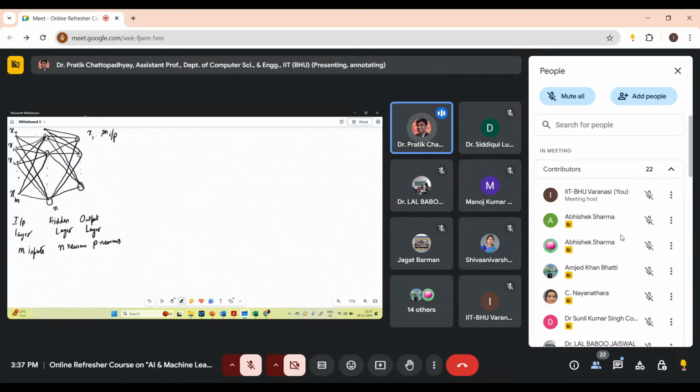If I denote w_ih as the weight from the ith input to the hth hidden neuron, then, considering this is the second hidden neuron and this is the first hidden neuron, the weight connecting x0 to neuron 2 will be written as w02 as per this notation. The weight connecting the second neuron to the nth hidden neuron will be w2n.